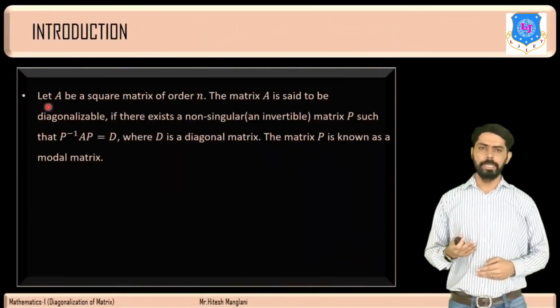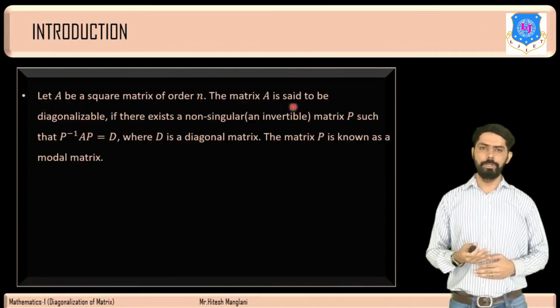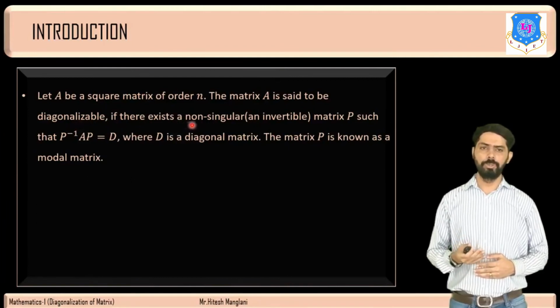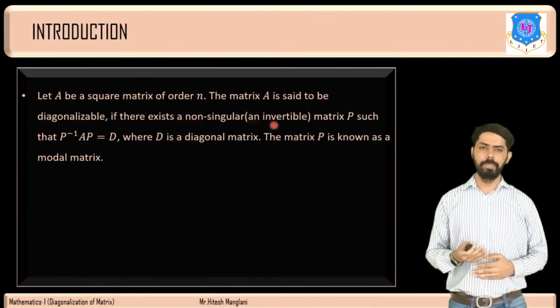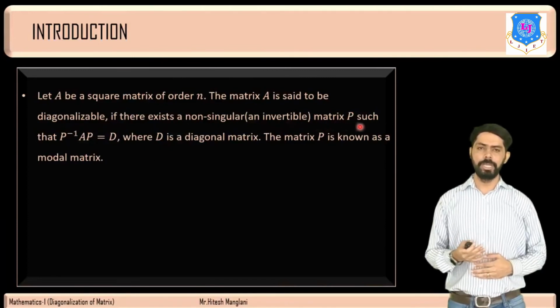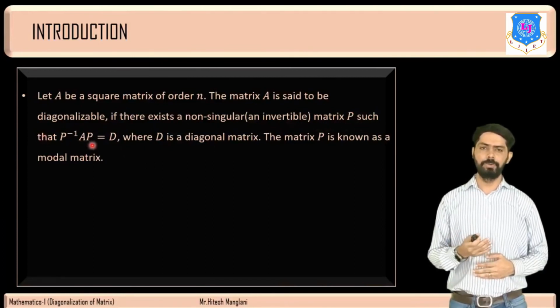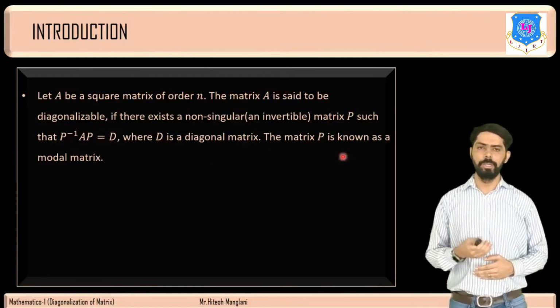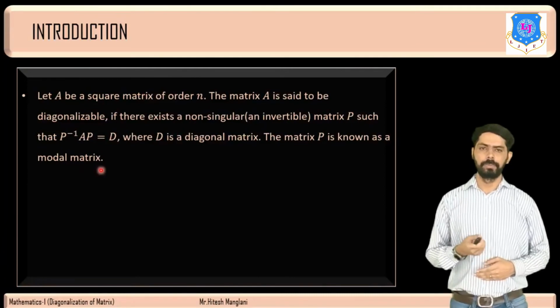Now let A be a square matrix of order n. The matrix A is said to be diagonalizable if there exists a non-singular, that is an invertible, matrix P such that P inverse AP is equal to D, where D is a diagonal matrix and the matrix P is known as the modal matrix.